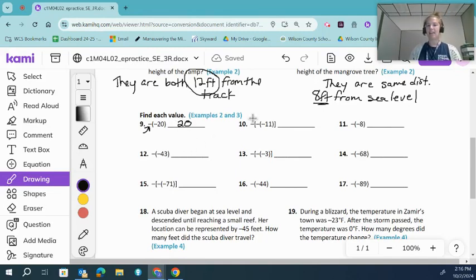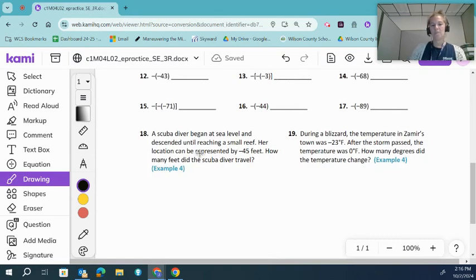And if we have the opposite of the opposite of the opposite, so we have -11, we take the opposite of that, which is going to be +11, and then we're taking the opposite of that, which is -11. And then again, the opposite of -8 is going to be +8. And so on and so forth. I'll let you try the rest of those.